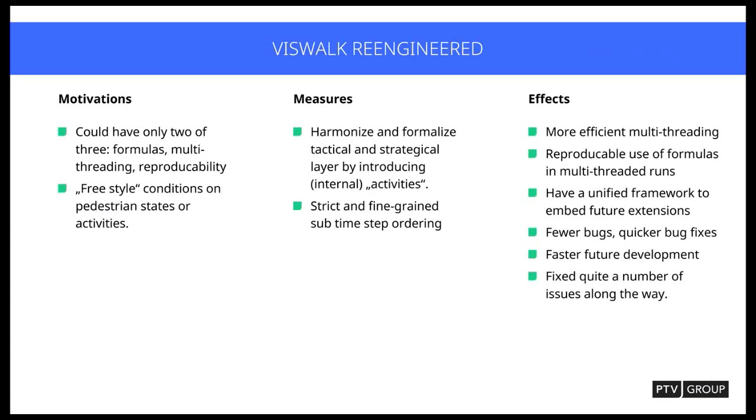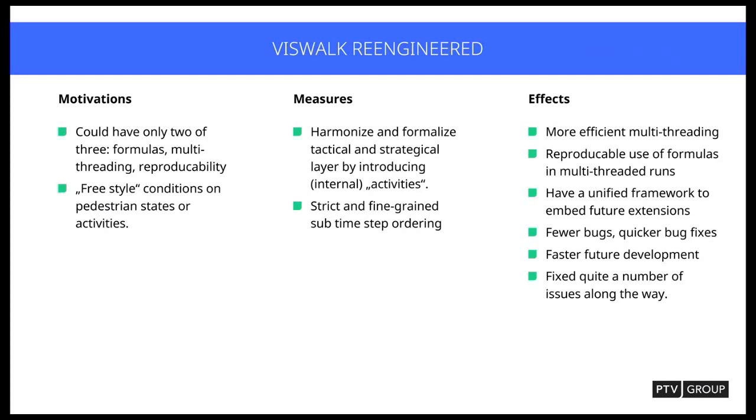And of course, we want to have multi-threading and reproducibility and formulas with attribute modifications. With this re-engineering, it's restored. Now you can have all three of them at the same time and not only two at the same time.